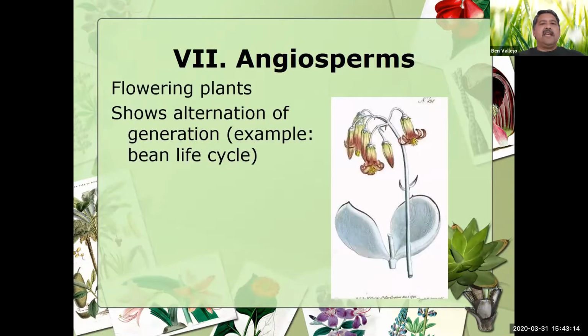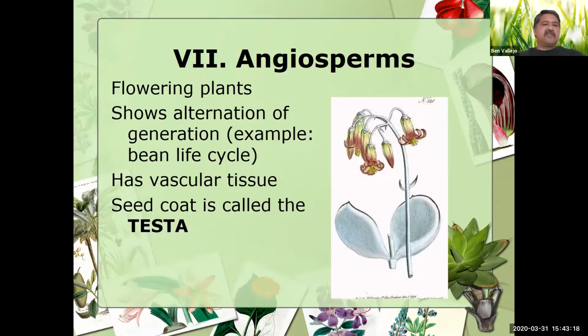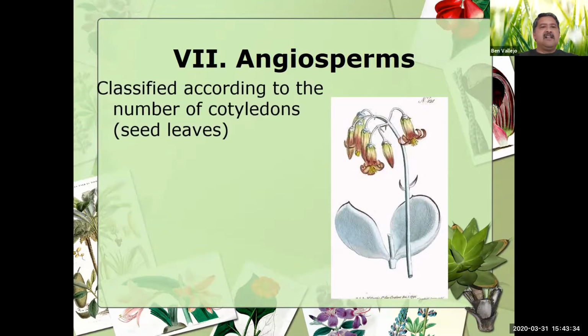And then finally, the angiosperms do show alternation of generation. They do have vascular tissue, and they have a seed coat. That seed coat is called a testa. I remember that from when I was in high school biology doing a dissection of a germinating corn seed. Angiosperms are classified according to the number of cotyledons.